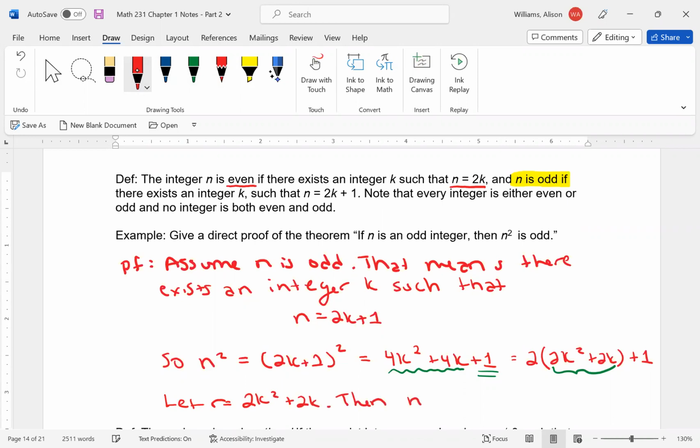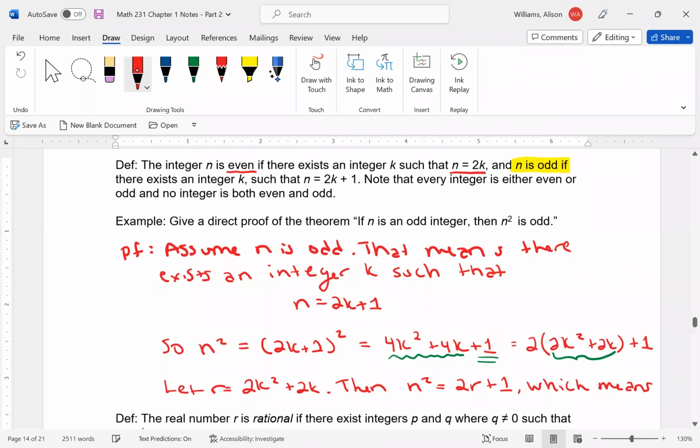Then n squared equals 2r plus 1, which is an odd number. Which means I'm running out of space. n squared is an odd number, and I'm done with my proof.